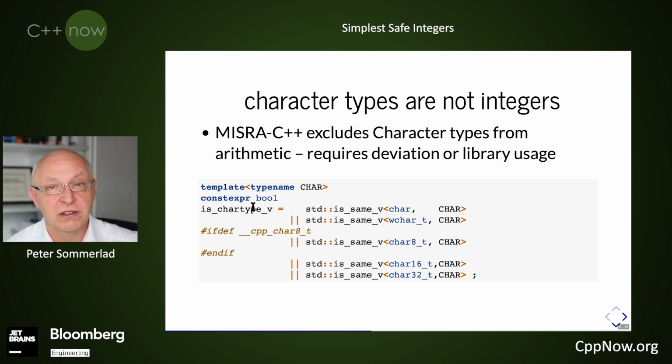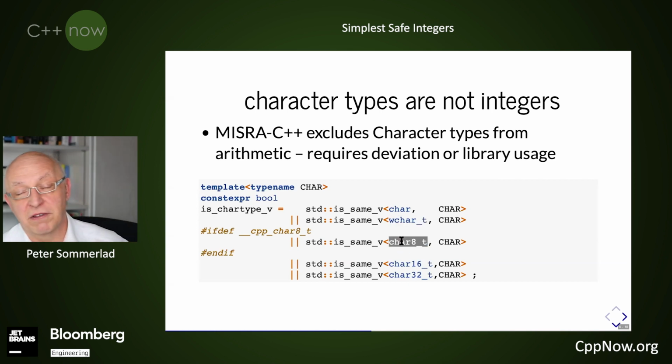I already taught you the rationale why we want to make that special. So I check again with type identity if the type is equal to character and not signed or unsigned character, to either that abomination of wchar_t, or for C++20 and onwards we have char8_t.